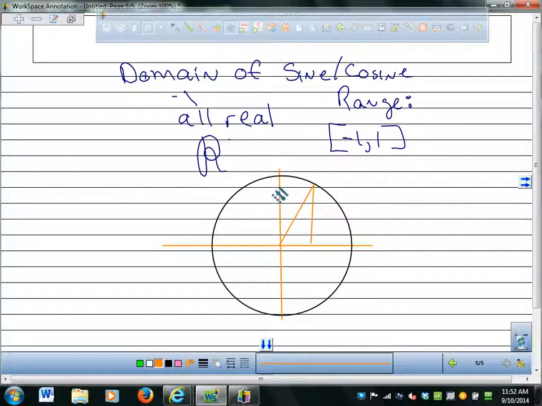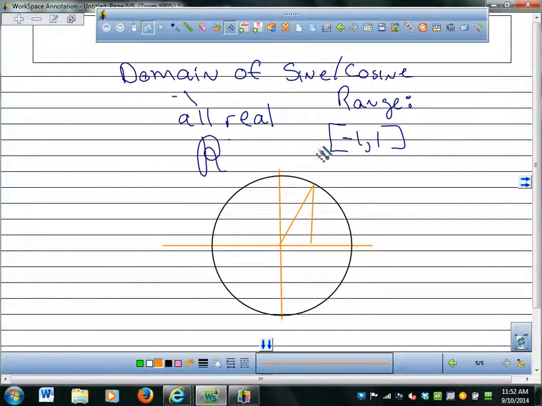And so it's never going to be bigger than 1, which is not the case with tangent, right? Because can the opposite side be bigger than the adjacent side? Yes. So when we get to tangent and cotangent and those trig functions, we'll talk about that. Then we have even and odd functions.